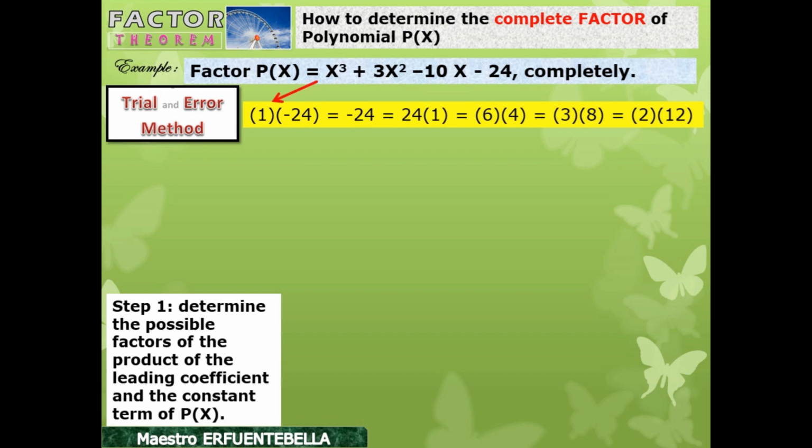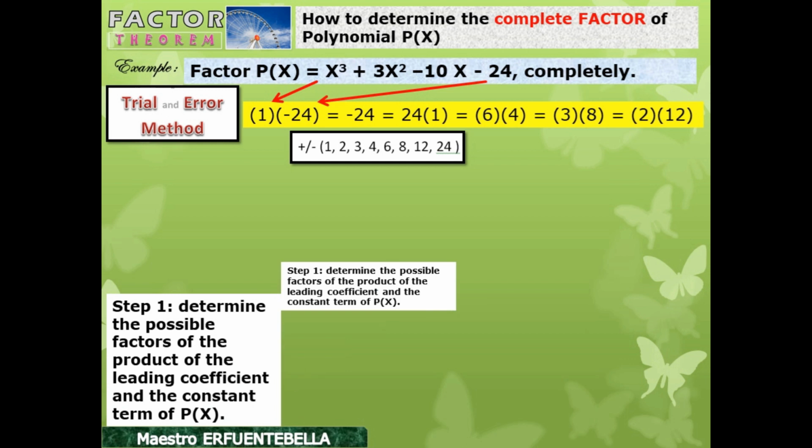But don't forget that it is plus or minus for the possible factors. So the possible r that may be a factor of the given polynomial are 1, 2, 3, 4, 6, 8, 12, and 24. So we will try any of these possible factors by trial and error, to see which of these has a remainder of 0.